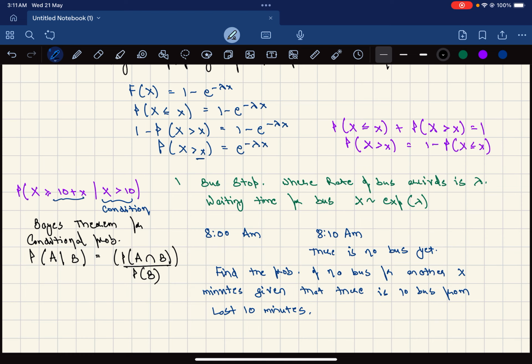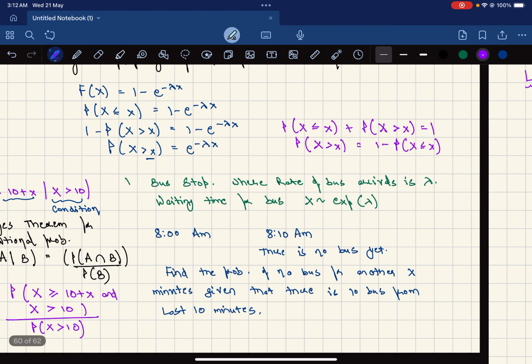Now applying this in our particular scenario, this would mean P(x >= 10 + x and x > 10) divided by P(x > 10), because x greater than 10 is the given condition.